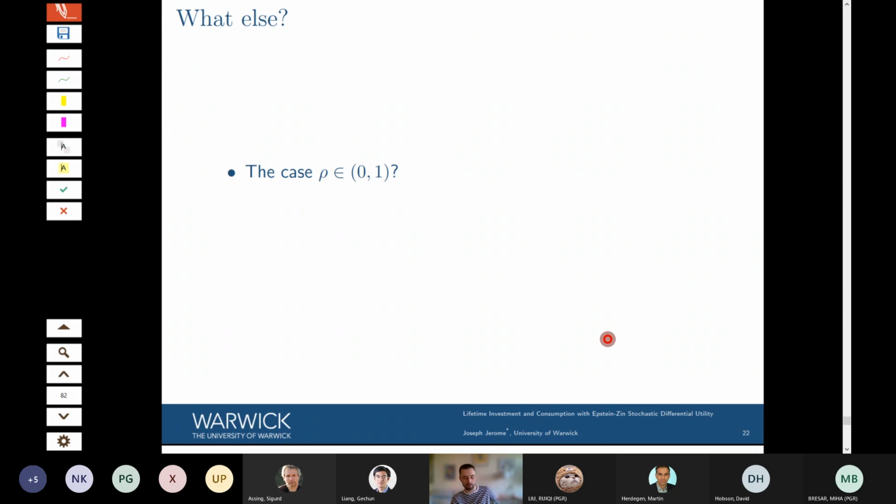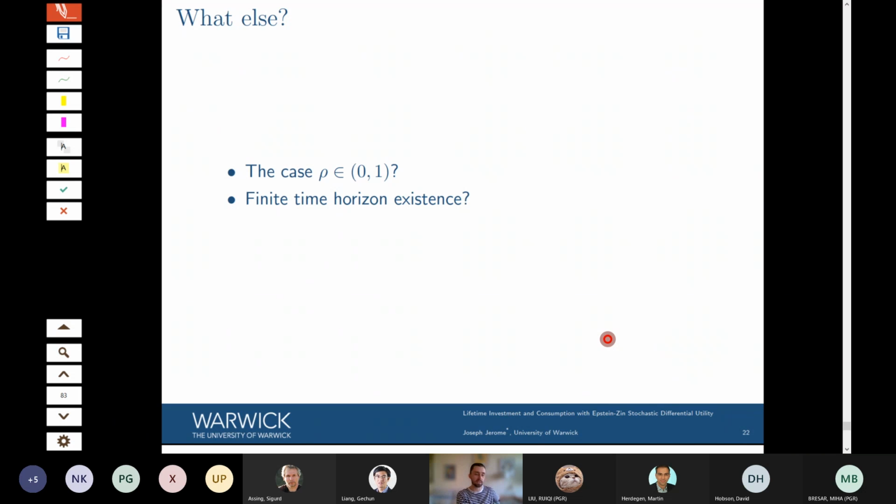So we should be able to get a verification theorem, except we're going to have to be a bit more careful because, as I said, there are multiple utility processes associated to a consumption stream. So we need to explain, in a meaningful way, which is the correct utility process associated to the consumption stream.